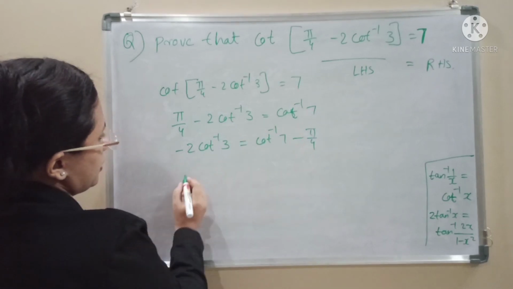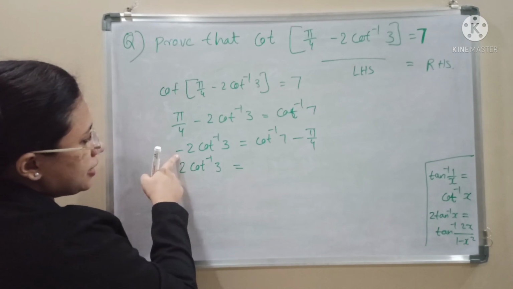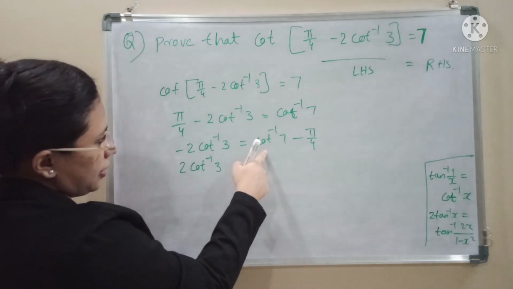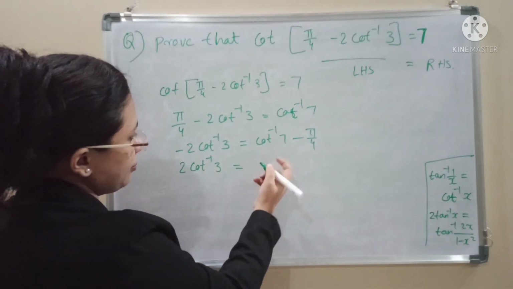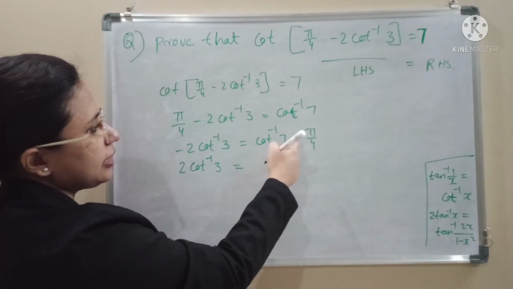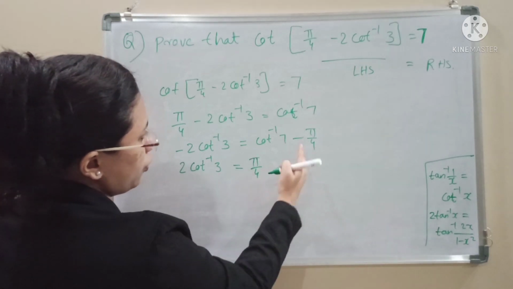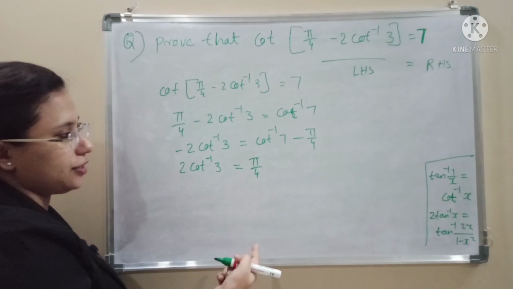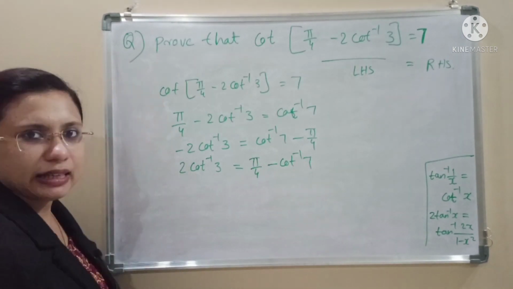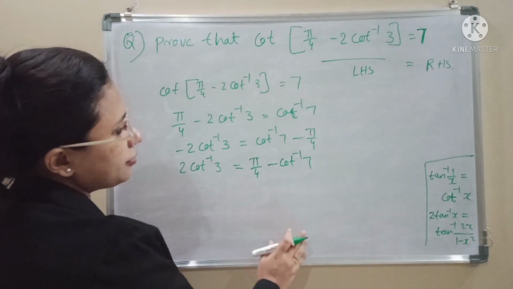Take the minus also this side, so 2 cot inverse 3 equals pi by 4 minus cot inverse 7. Since it is plus, I am writing it first, then it is minus cot inverse 7. Clear, right? Okay, so we have an equation.